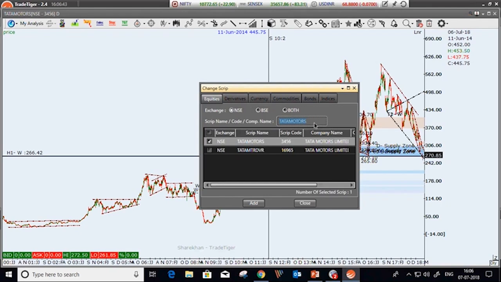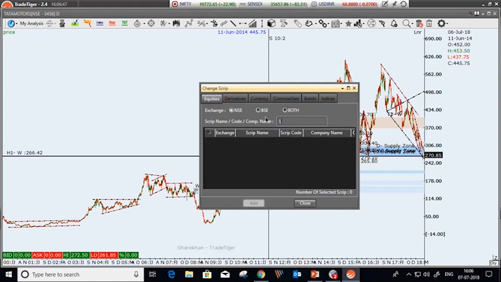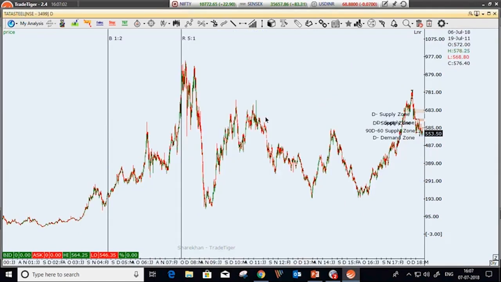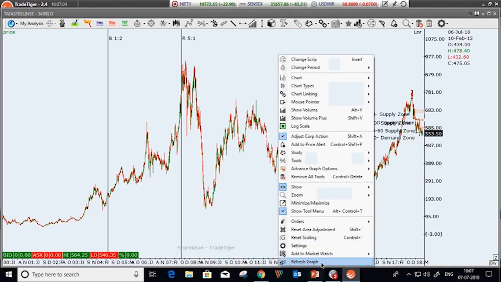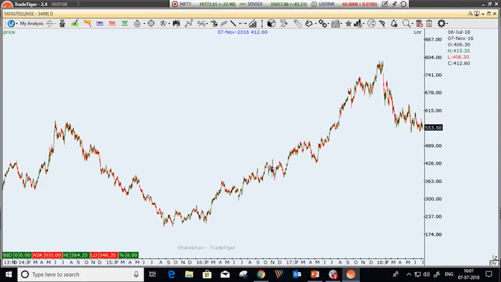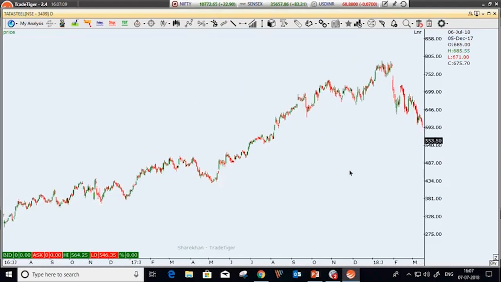Level over level. Let's see whether we can get some level over level. Let's talk chemicals and level over level. Reverse. I think Tata Steel, we can find this. Let me remove everything here. Okay.